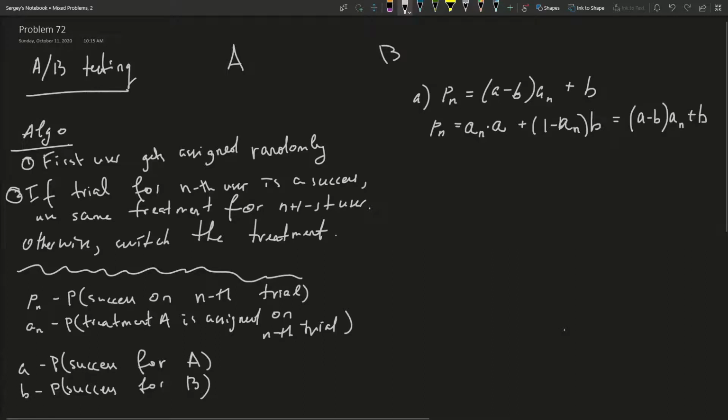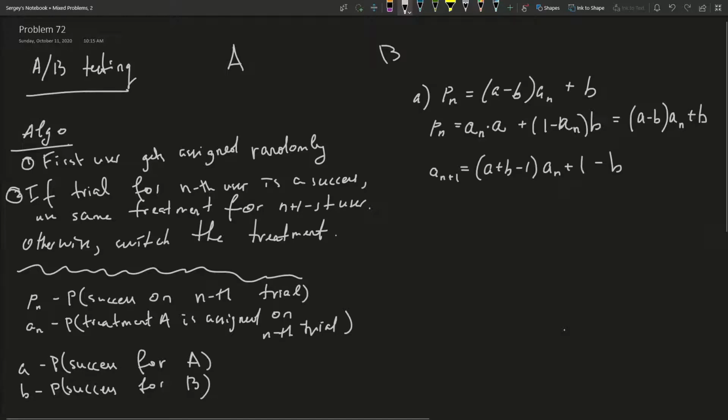The second thing we'd like to show is that A sub n+1 equals (a plus b minus 1) times A sub n plus (1 minus b). Again, what is A sub n+1? That is the probability that treatment A is assigned on the n+1th trial.